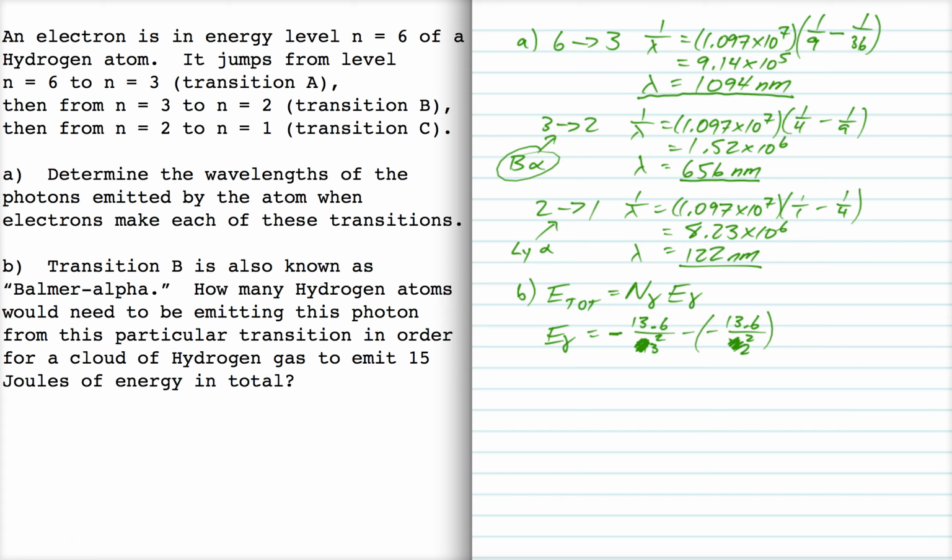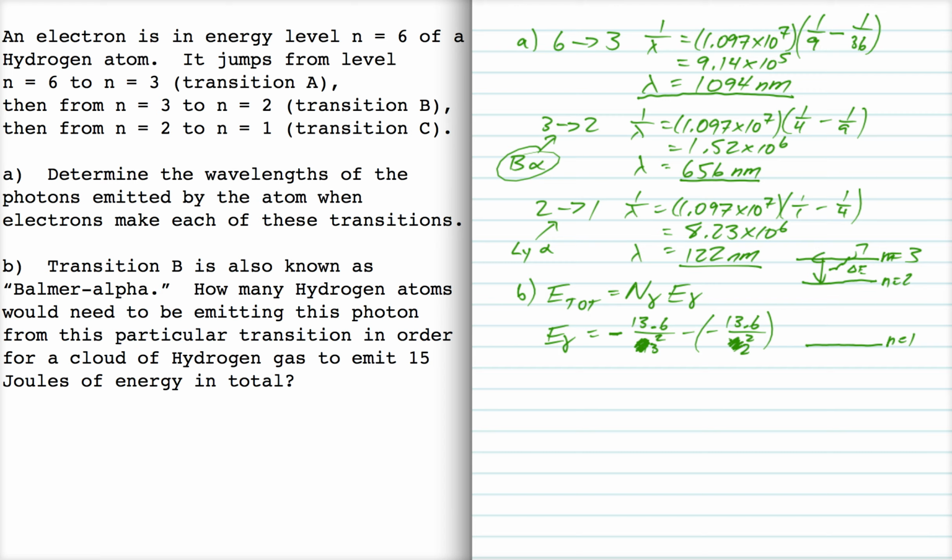So let me just quickly draw a little energy level diagram out here. So we've got n equals 1, n equals 2, and n equals 3. If we're going from 3 down to 2, then we're releasing an energy equal to that energy level difference. To find that energy, we subtract, right?